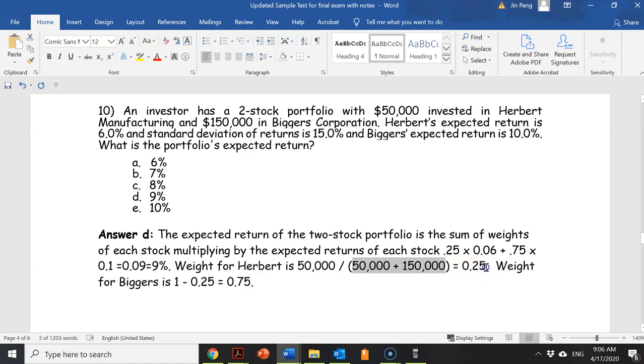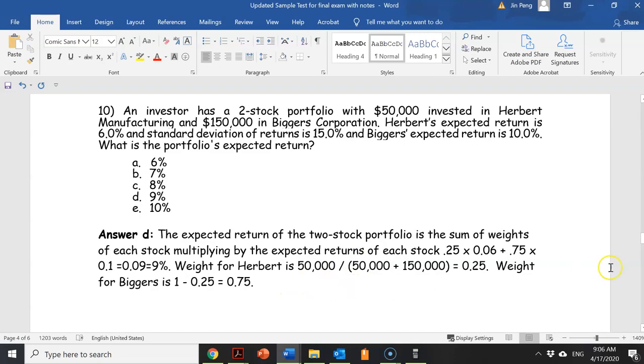So we have 25% invested in Herbert, the first stock. For the second stock, the weight should be 100%, or 1 minus 25%. So we have 75% invested in the second stock.